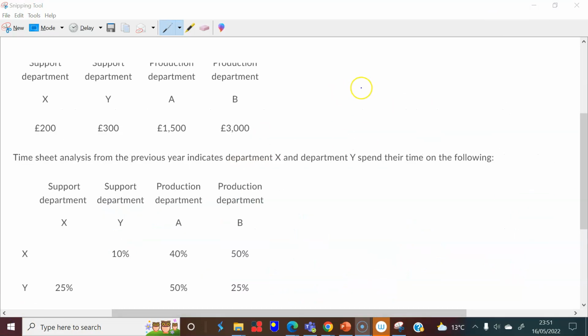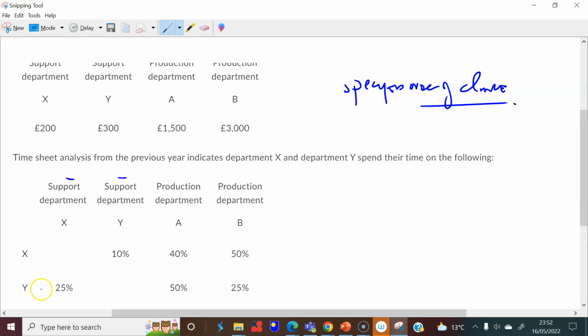Okay, right, so this question wants you to apply the specified order of closure. And the way this works is, we have two support departments that service each other. The question here is, which department do we close first? We always close the department that has the larger percentage of its service.